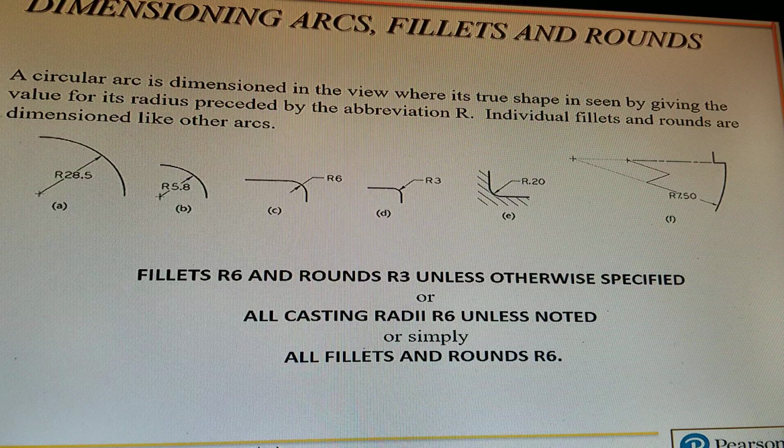So as you get smaller, you kind of leave out the center mark. That's one way of doing that radius. Another way is D. And then you have an inside fillet E there. And sometimes you have to stagger your radius to get your dimension in there, so that's F.